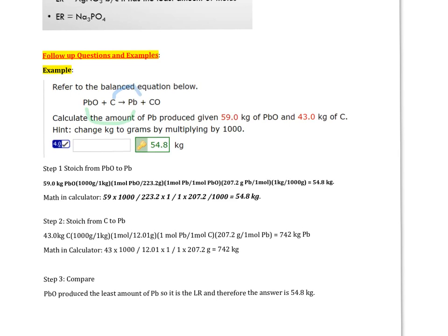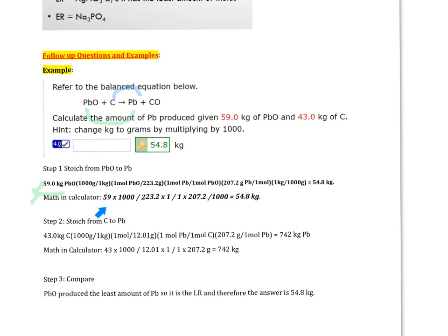And so my first line of stoic here is I'm going to start with the 59 kilograms. Then we will change from kilograms to grams by multiplying by 1,000. Then we'll change grams to moles of PbO, and then we'll do the mole ratio. These are all 1-to-1. And then we'll change those moles of Pb into grams and change it back into kilograms.